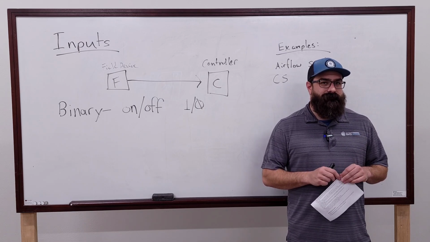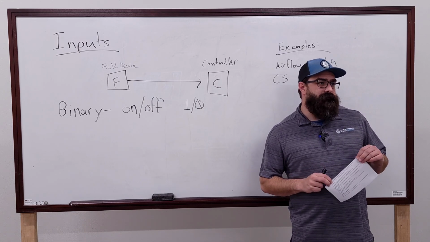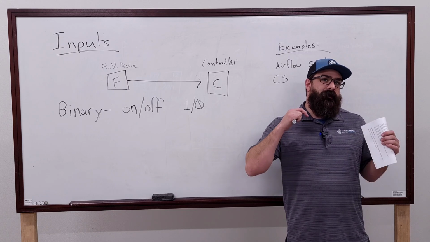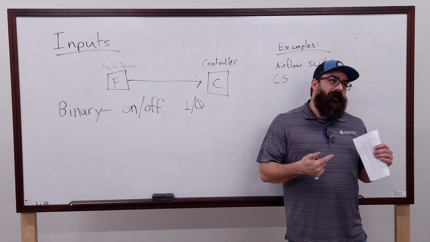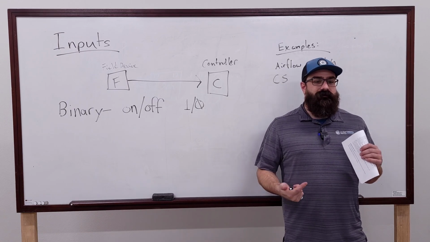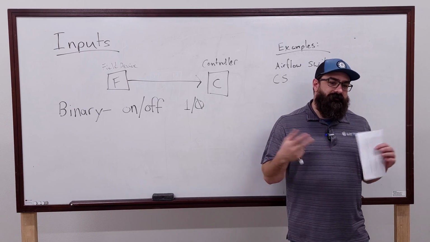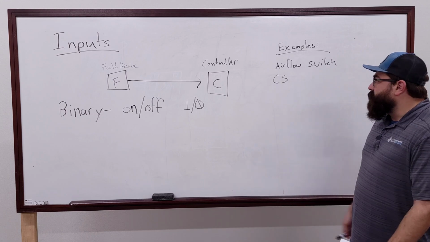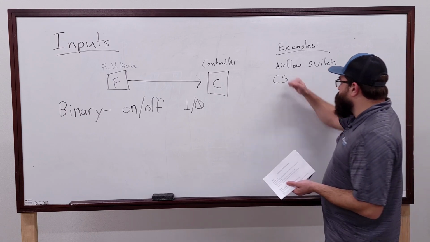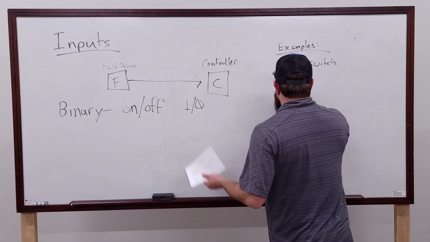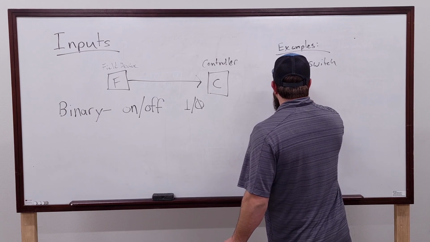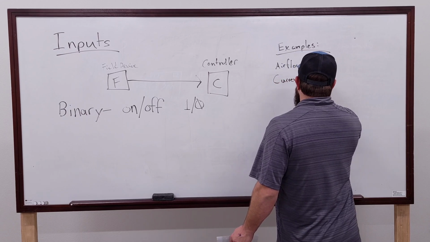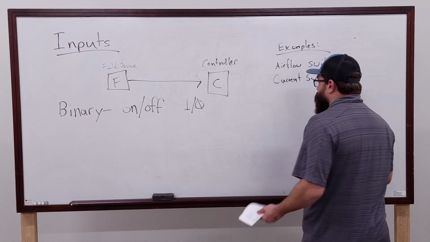But I guess the load going through it is creating a magnetic field, which is causing it to close the contact, and that's a transducer, whatever. But we'll call it a current switch, just for keeping things binary and analog.